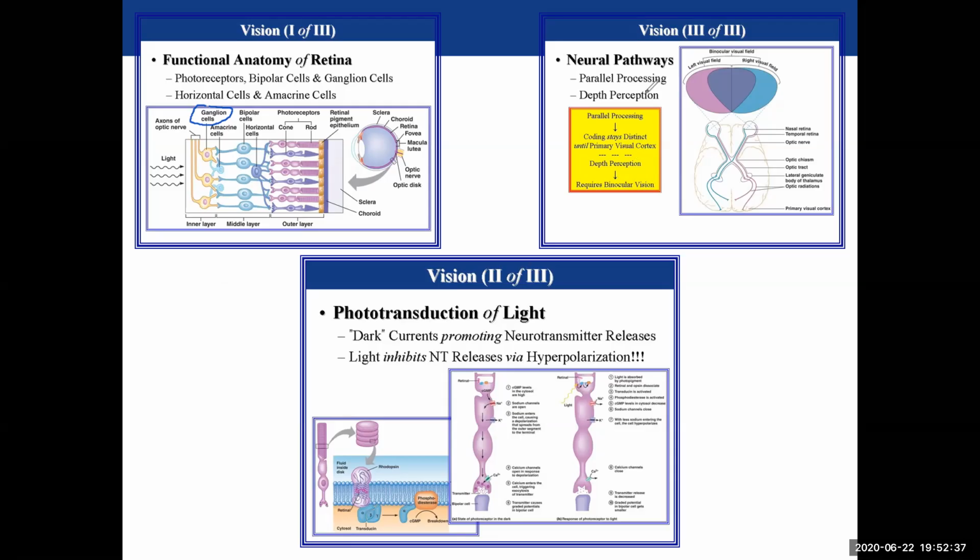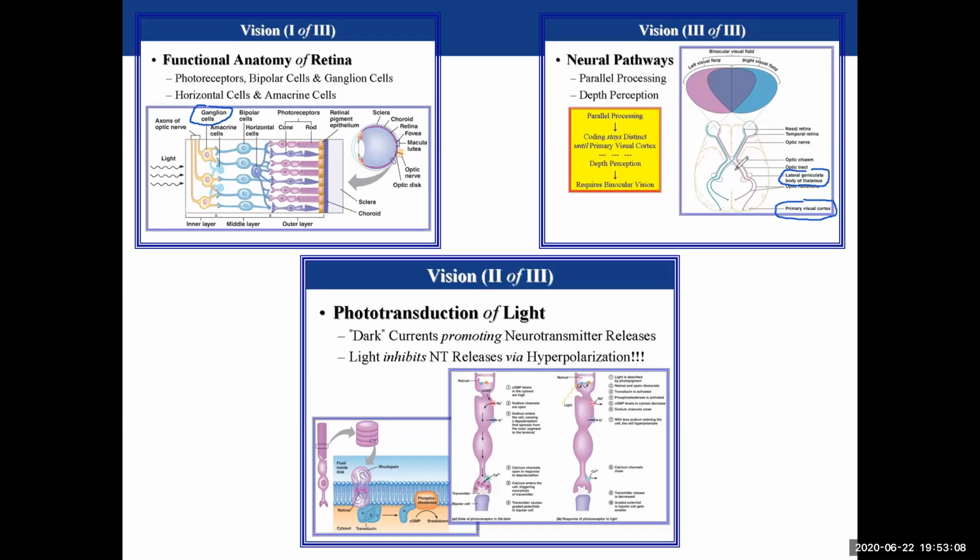And this is the neural pathway. As you go here, you have parallel processing, depth perception, and then information is at the thalamus, the lateral geniculate of the thalamus, and it will send information to the primary visual cortex located in the occipital lobe.